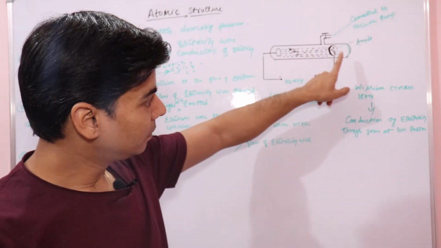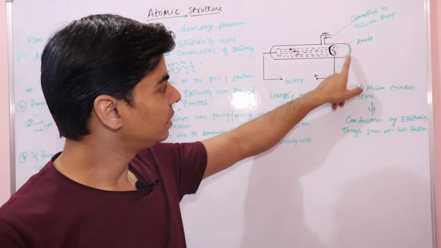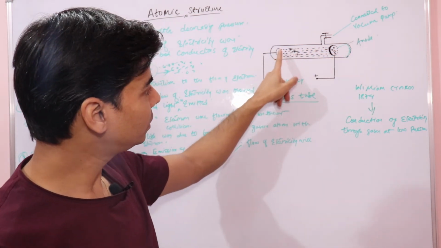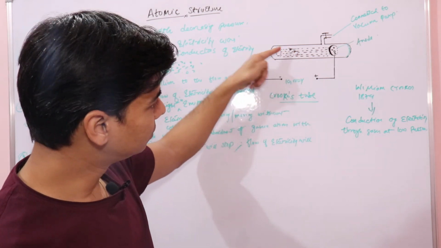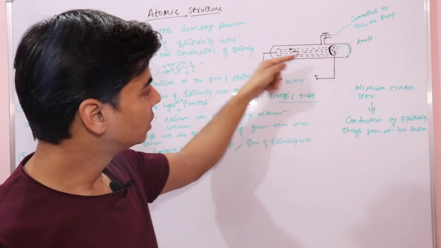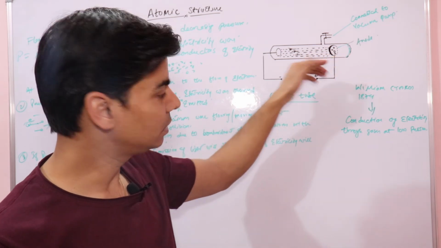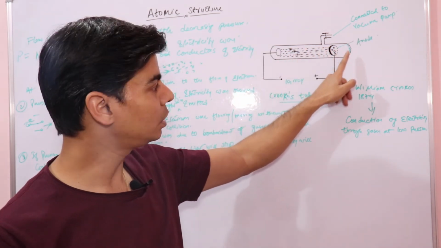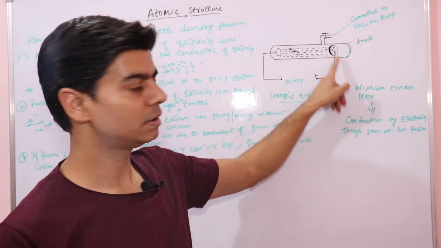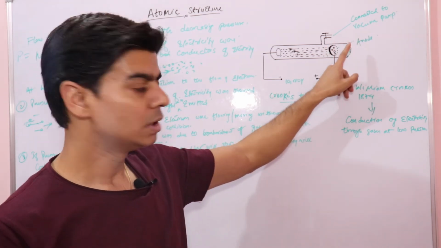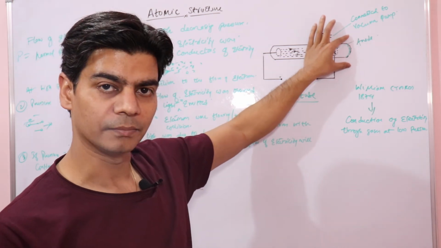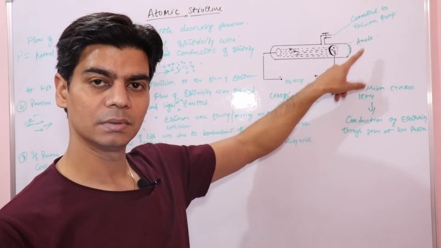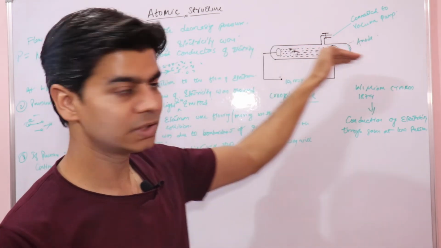Later it was observed that this faint greenish light was due to invisible rays coming from the material of the cathode. Since this is a perforated anode, these invisible rays pass through it and strike the glass tube at this point. So the greenish color that you see here is due to the bombardment of glass tube atoms by these invisible rays.